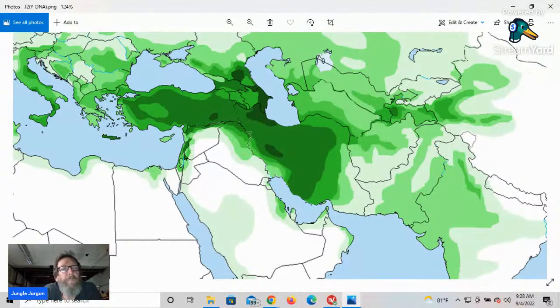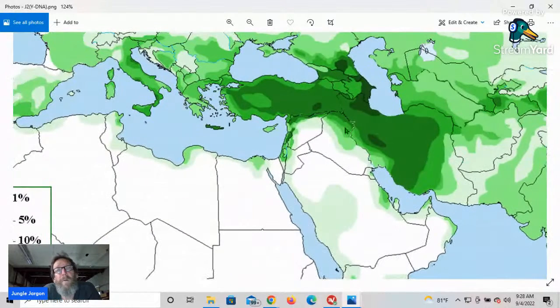But Josephus speaks of these areas being heavily populated with Jewish people or Judaic people and Israelite people as well. And you can see that when they were kicked out of Israel, they went north of Israel, right?